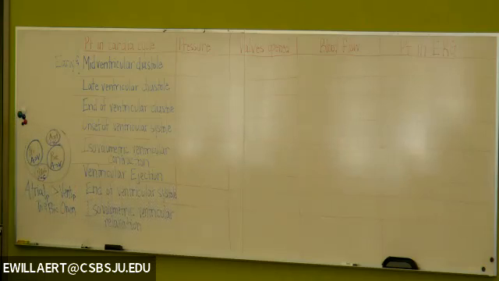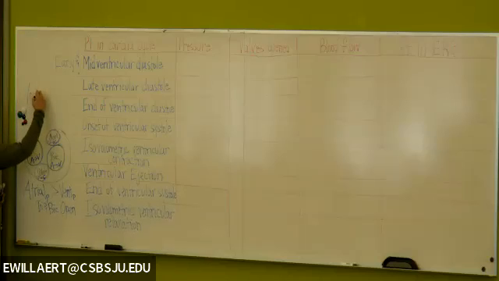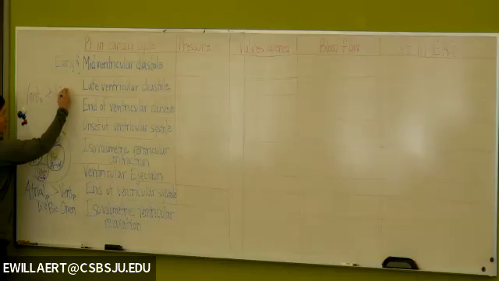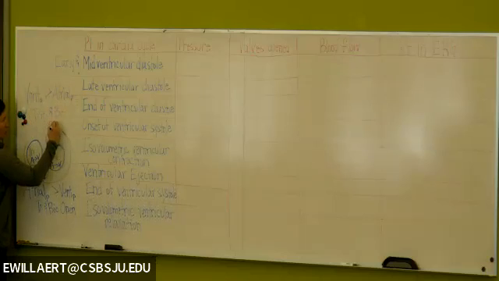Okay. If our ventricular pressure is greater than atrial pressure, tricuspid and bicuspid are closed.